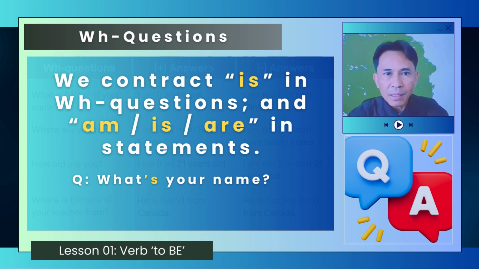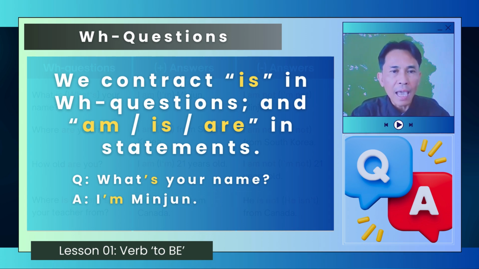And in statements, we contract or shorten the verb to be am, is, are. For example, instead of saying I am Min Jun, you could easily shorten it and say I'm Min Jun. Now again, instead of saying I am, just say I'm. All right, so now let's move on to yes, no questions and short answers.